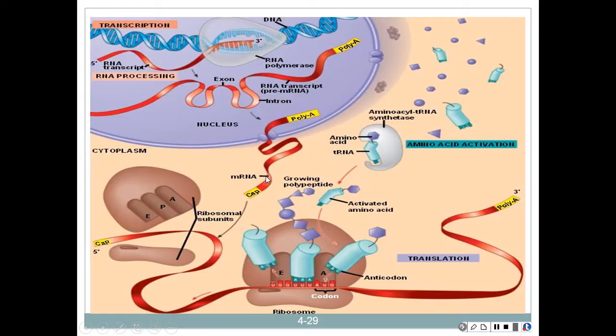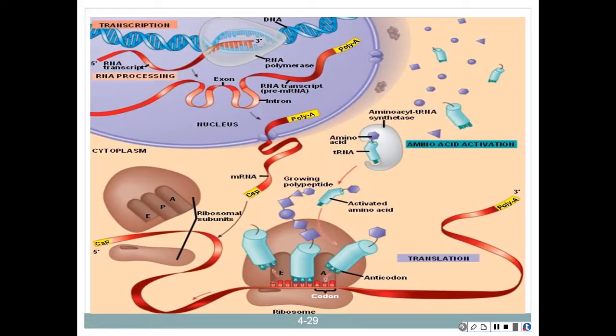Now, translation is a process by which the language of nucleotides is converted into the language of amino acids. Now, 3 components are needed for this process. What do we need? We need our mRNA, which begins with a protein cap, which is right here, where a ribosome will begin translation.